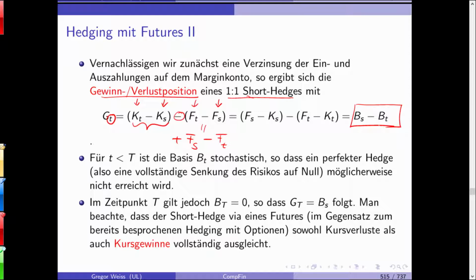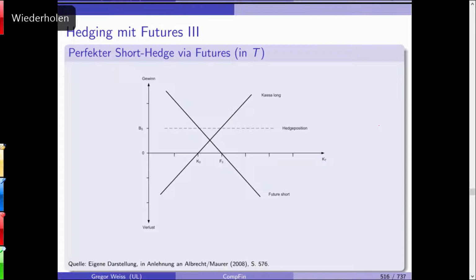So that the profit or loss is given by the basis you can observe on the market right now. And if you do a short hedge via a future, you can completely eliminate any profits or losses from this long position in, for example, a commodity.